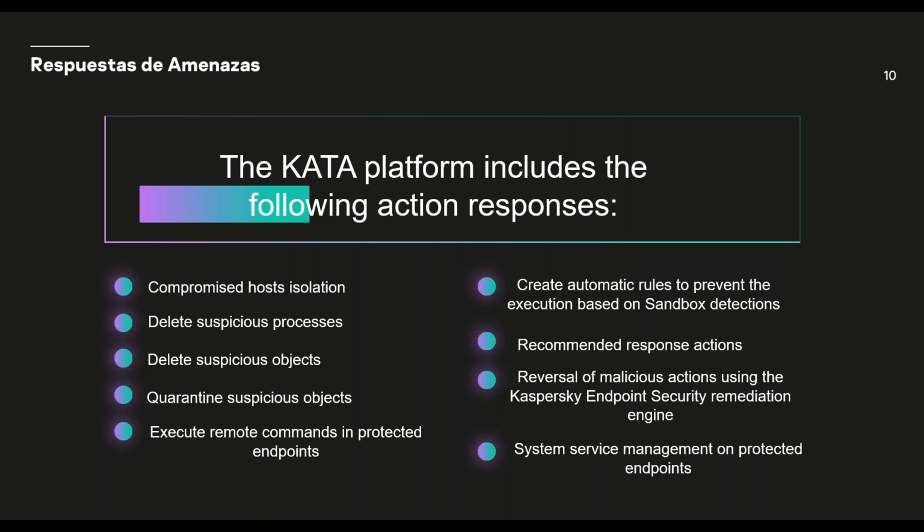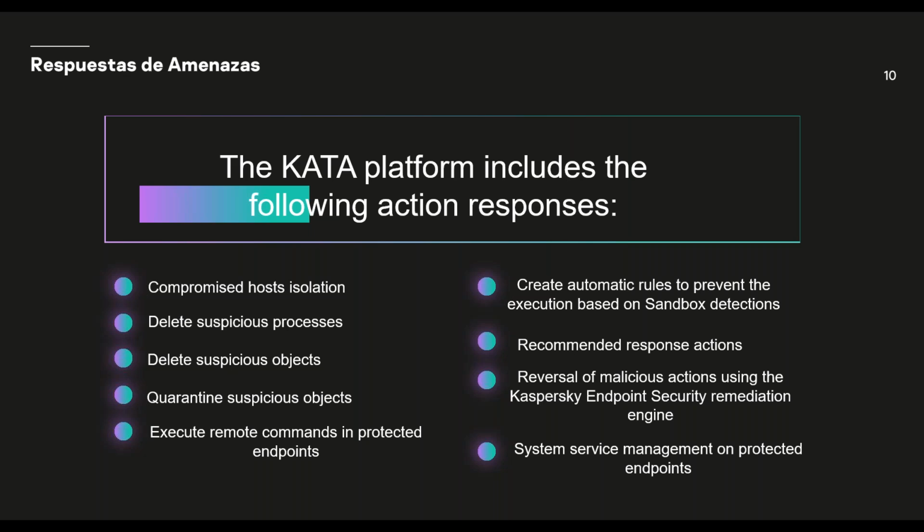Okay, these are some of the action responses that you can perform with the Kaspersky anti-targeted attack platform. So we can do an isolation of a compromised host, right? We can do that manually from the console.